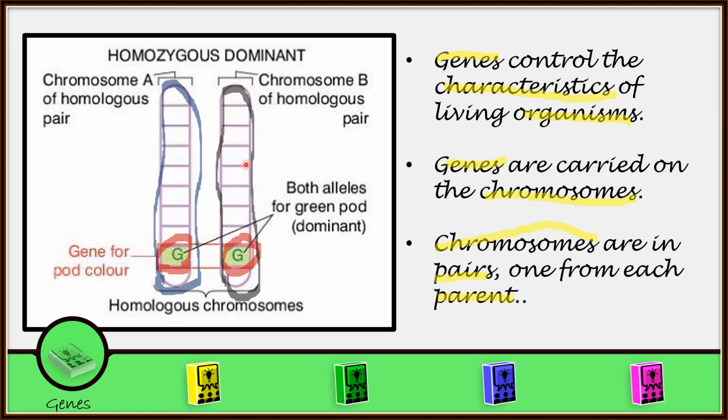This pair of chromosomes, one comes from one parent and another chromosome comes from the other parent. Let's say chromosome A came from the mother, then that means that chromosome B came from the father. So they are a pair, each coming from one parent.